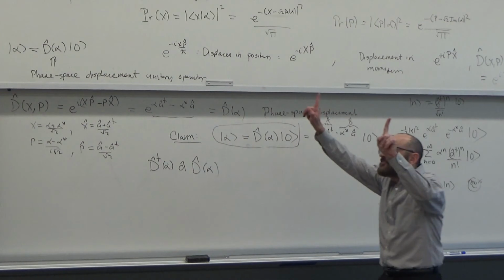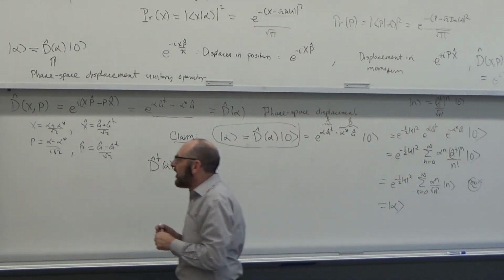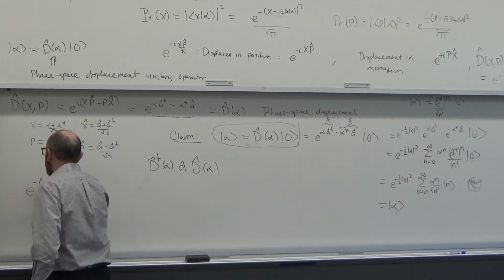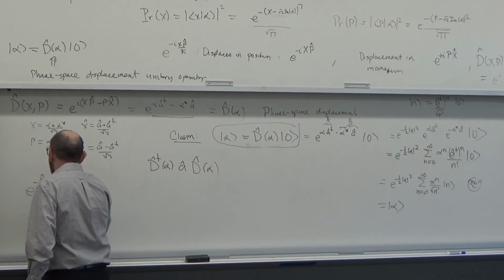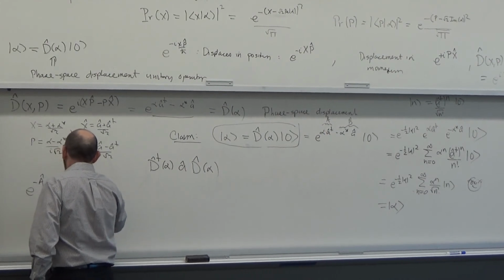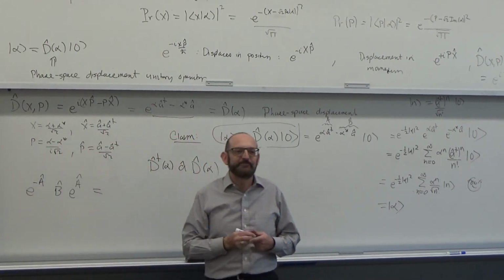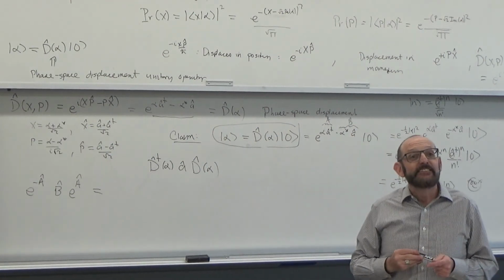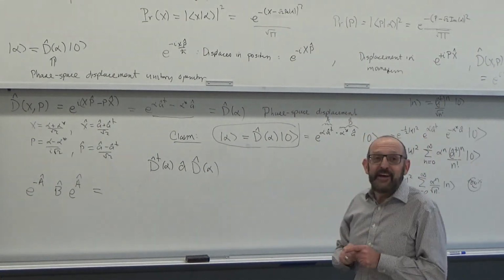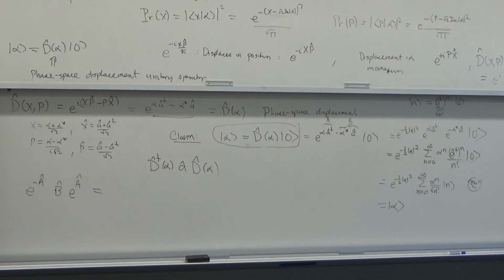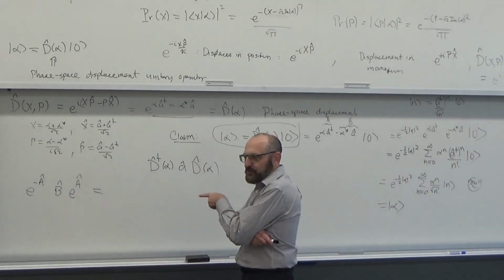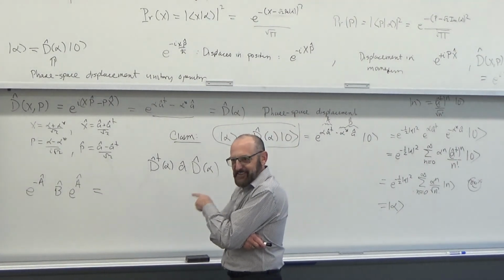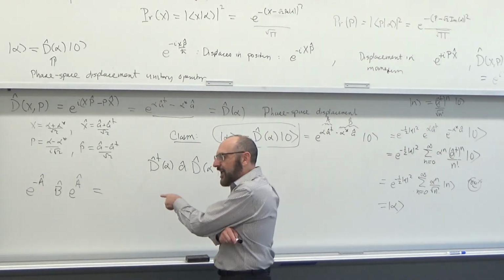Generally speaking, if I had e to the minus A, B, e to the A, how do I calculate that? That's also a form of Baker-Campbell-Hausdorff, chapter 1 of Sakurai. I'm sure you've seen it. How do I calculate that?